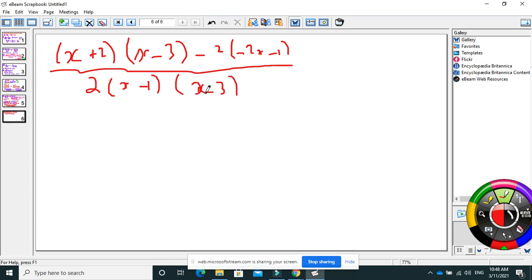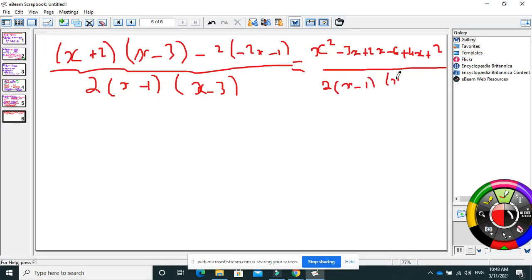Now I will develop my numerator. So what will I have? X times, I'm developing, x squared minus 3x plus 2x, 2 times minus 3 minus 6. Here I will develop minus 2 plus 2, so it's plus 4x plus 2 over, I have the same denominator, it's 2, x minus 1, x minus 3.